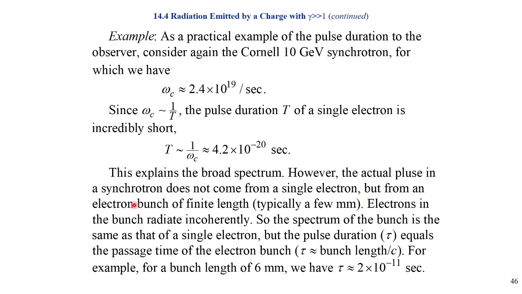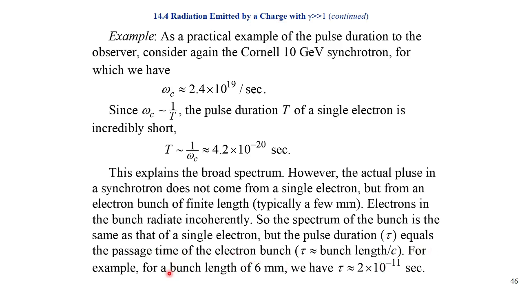This electron bunch consists of many electrons. Therefore, each electron in the bunch radiates incoherently, so the spectrum of the bunch is the same as that of a single electron, but the pulse duration equals the passage time of the electron bunch.